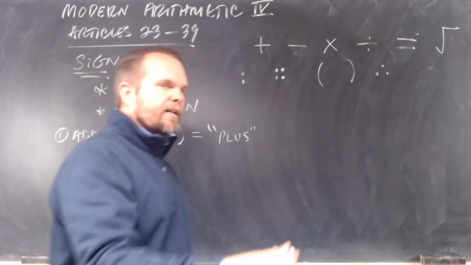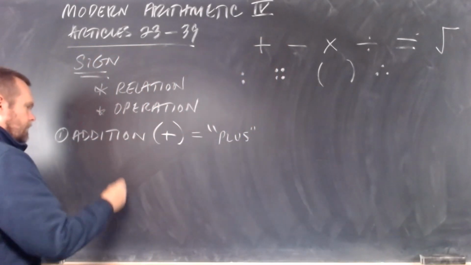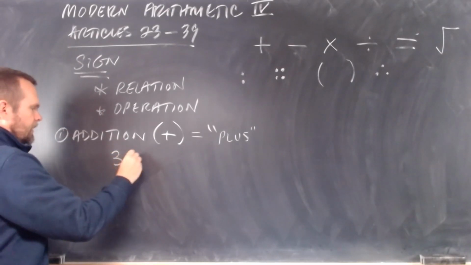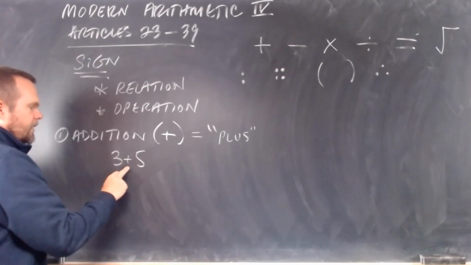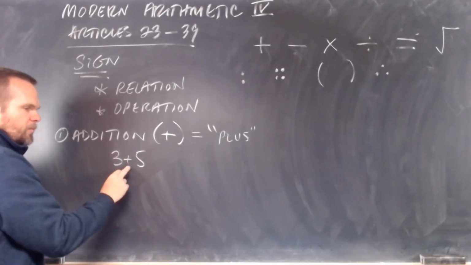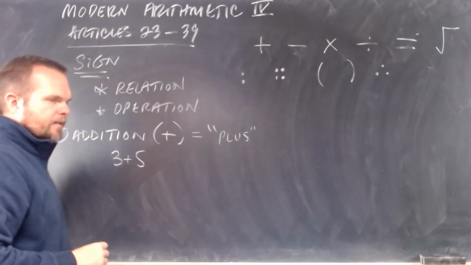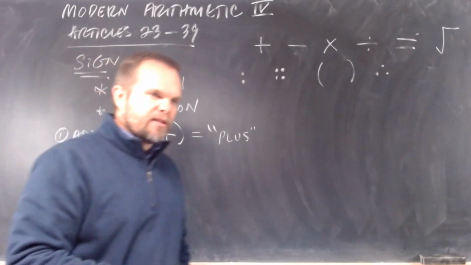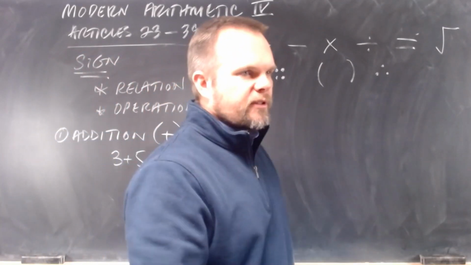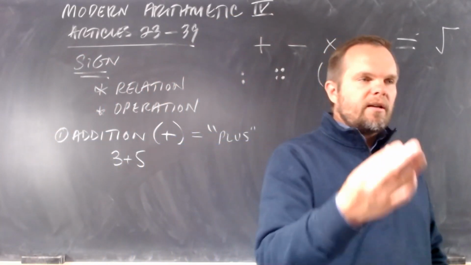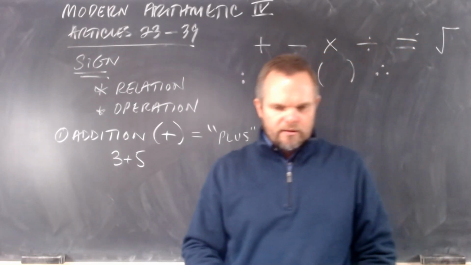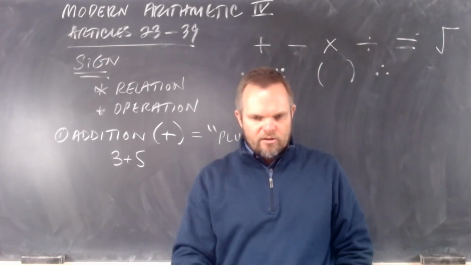It signifies an operation. So when we see 3 plus 5, it tells us that an operation is to be carried out. These two numbers are to be added together. So the plus sign is an example of a sign that shows that an operation is to be done. Something is to be done.